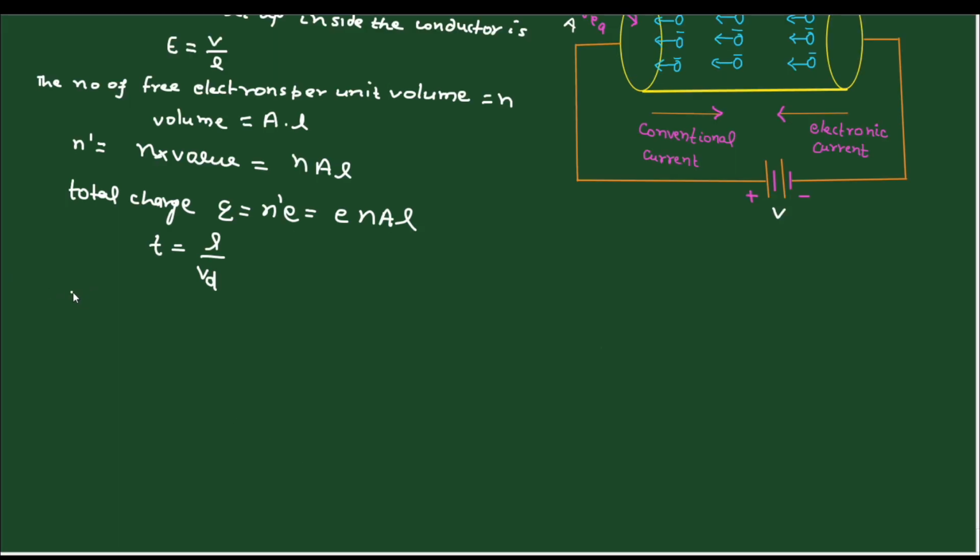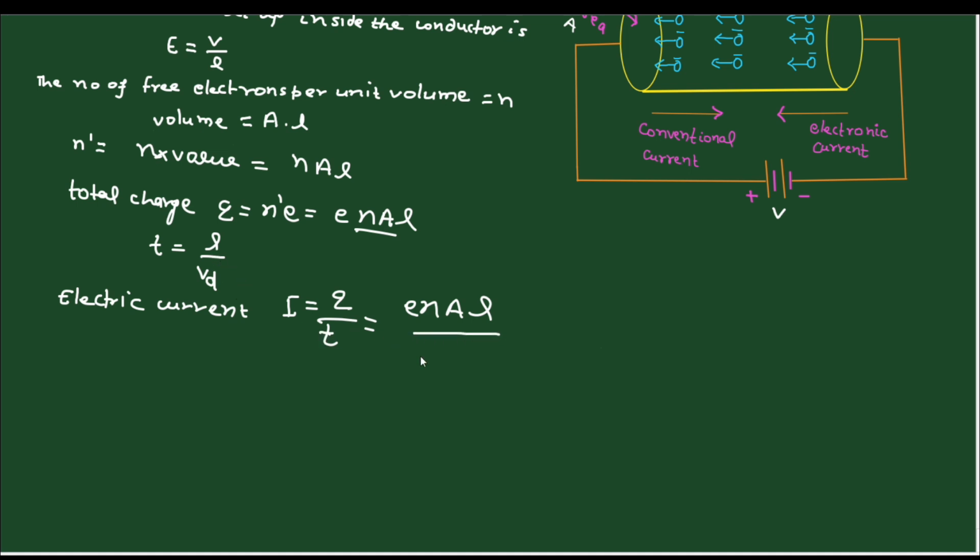As we know, the electric current I is equal to Q upon t. The value of Q equals e N A L, divided by t.